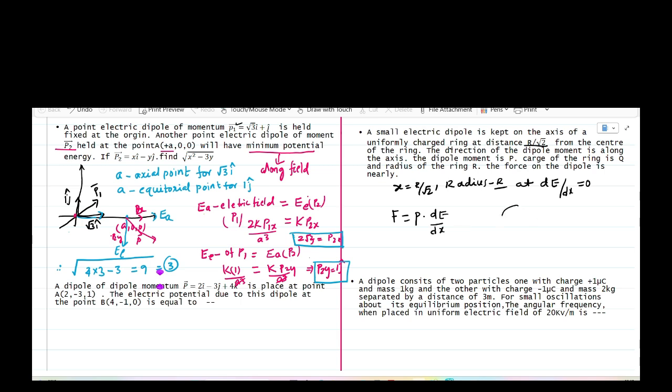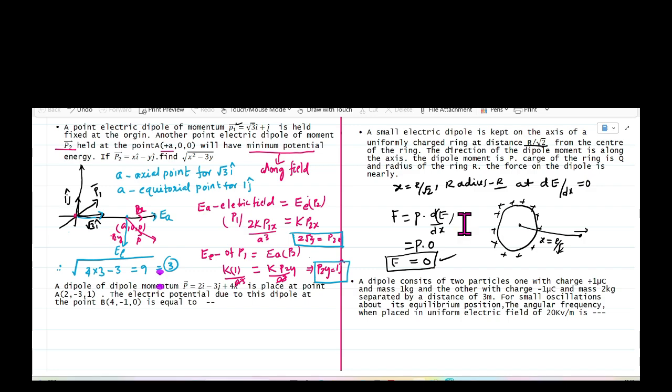So in the axial point x equal to r by root 2, one dipole is there along this. At this point the force is equal to P into dE by dx along the x-axis, so that is P into 0, which is equal to 0. Force is 0 on the dipole due to this ring of uniformly distributed charge. If another x value is given, you have to go with dE by dx.